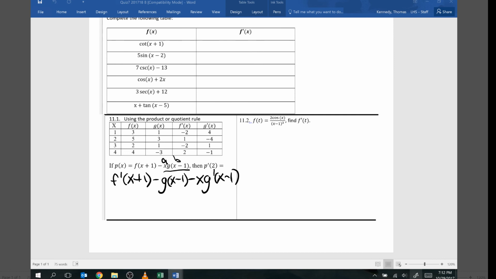So I just go to f prime of 3, that's negative 2. I go to g of x minus 1, 2 minus 1, g of 1, that's 1. And x is 2, and g prime of x minus 1, that's g prime of 1, that's 4. So this is negative 2 minus 1 minus 8, which is negative 11.